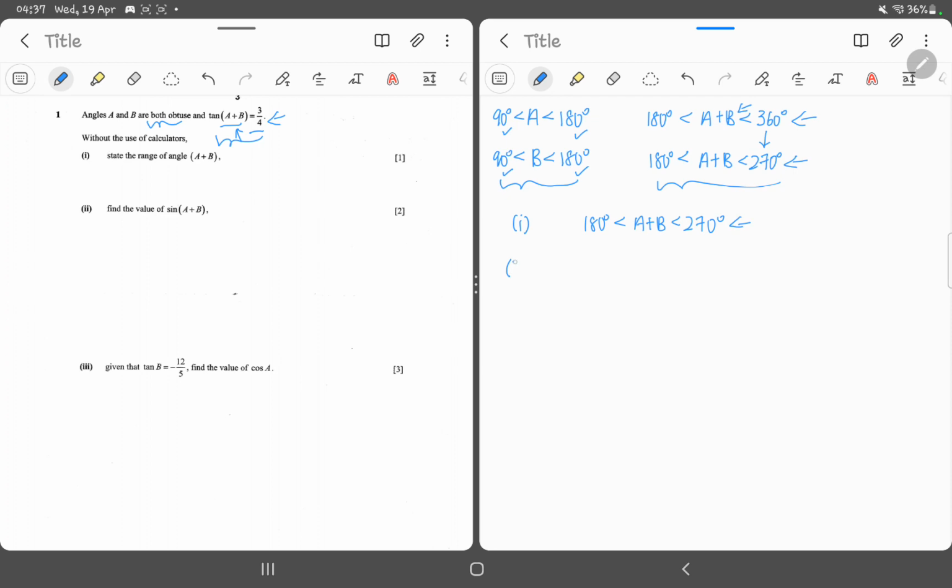Now for part II, find the value of sine (A plus B). So let's draw the quadrant out. We know that A plus B is in the third quadrant. So let's draw a straight line in the third quadrant, and let's draw a right angle triangle.